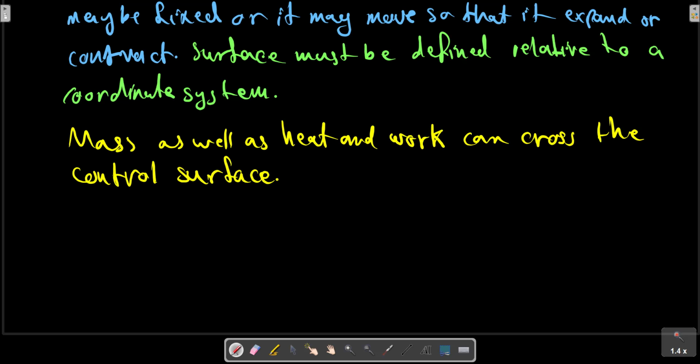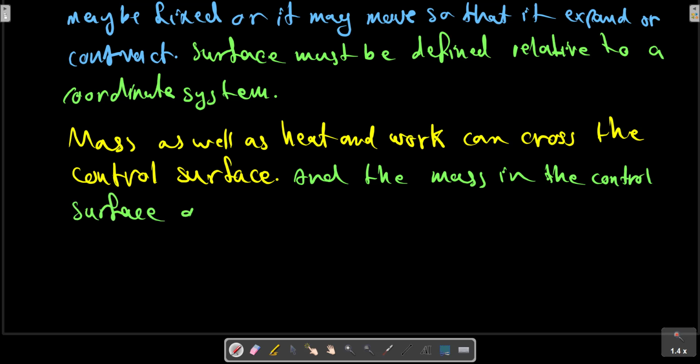And the mass in the control volume as well as the properties of this mass can change with time.